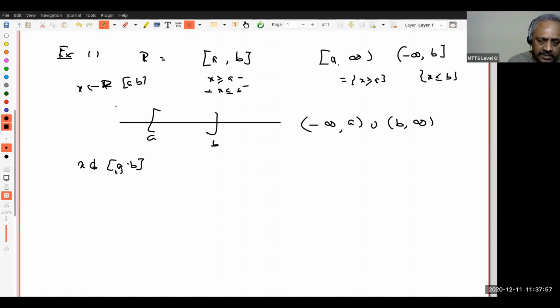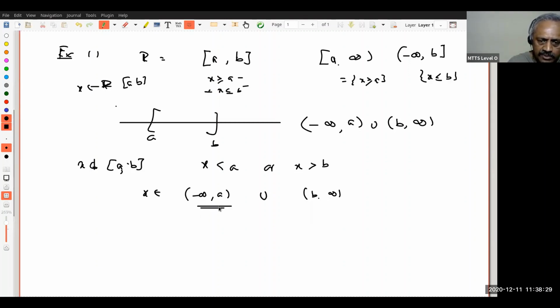Therefore, if x is not in the closed interval, then it does not satisfy at least one condition. Either x greater than or equal to a is not true, in which case, by the law of trichotomy, x must be less than a, or x is greater than b. You understand that? This is the set (minus infinity, a), and this is the set (b, infinity). Since x can satisfy this condition or this condition, that means x is in the complement.